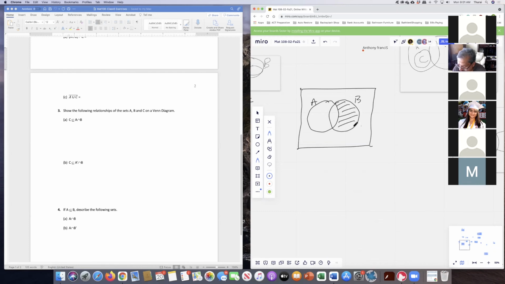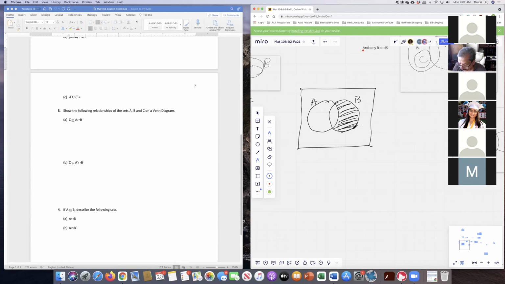Now, these were simple examples that I did in the lecture video. So you saw that this is A prime intersection B. Because A prime means outside of A. And so the question is, what part of outside of A is in B? And that's this, clearly.